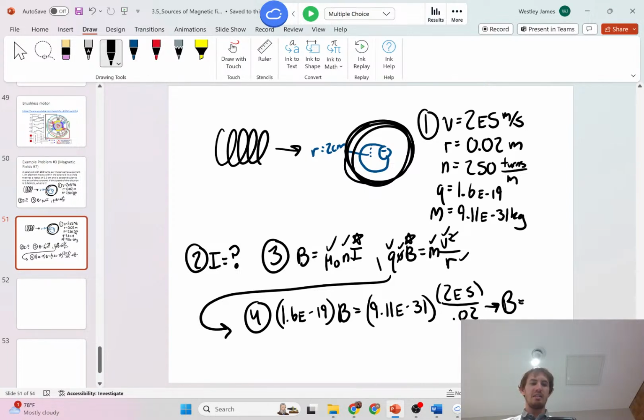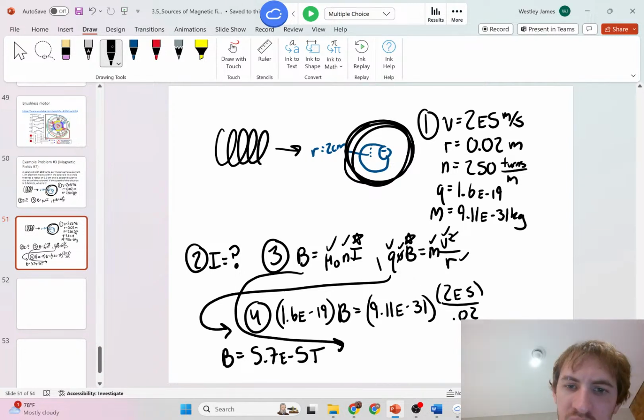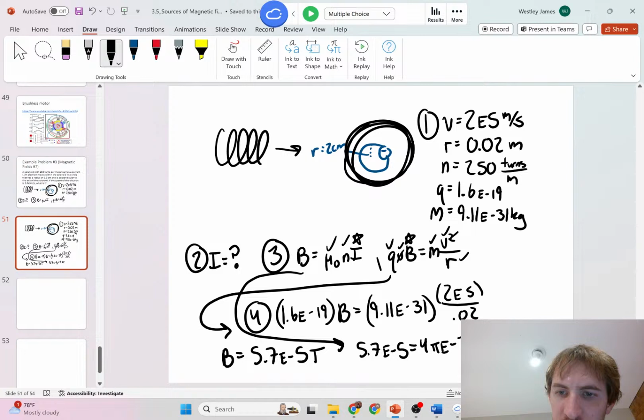We divide that 1.6 times 10 to the minus 19 to the other side. We get a magnetic field that equals 5.7 times 10 to the minus 5 Tesla. Cool. Now we take our other equation. 5.7 e to the minus 5 equals 4 pi e to the minus 7 times 250 times I. Just divide the things to the other side and you get an answer.